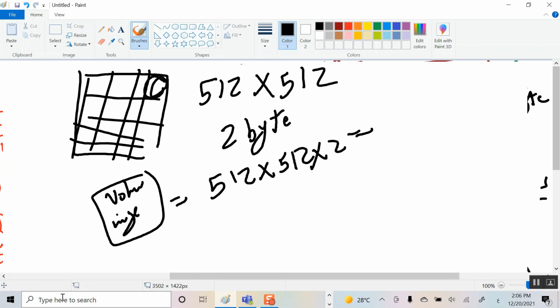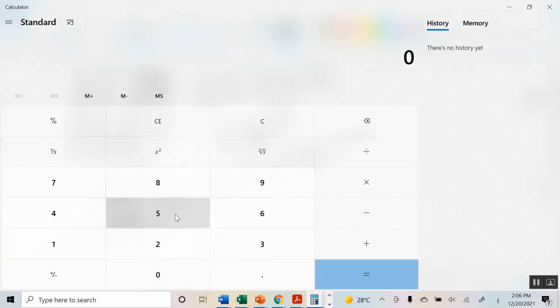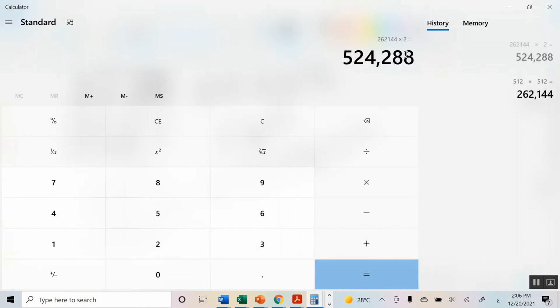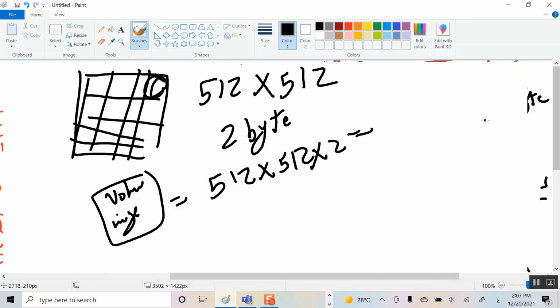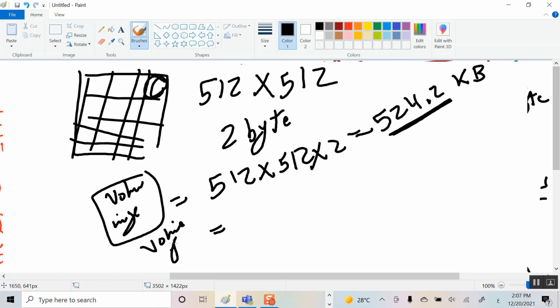This equals a total of 524,288 bytes, which is the calculated size of the image, about 524 kilobytes. This is the size of one image. And I have 500 images in the study, so I need the volume of the study.